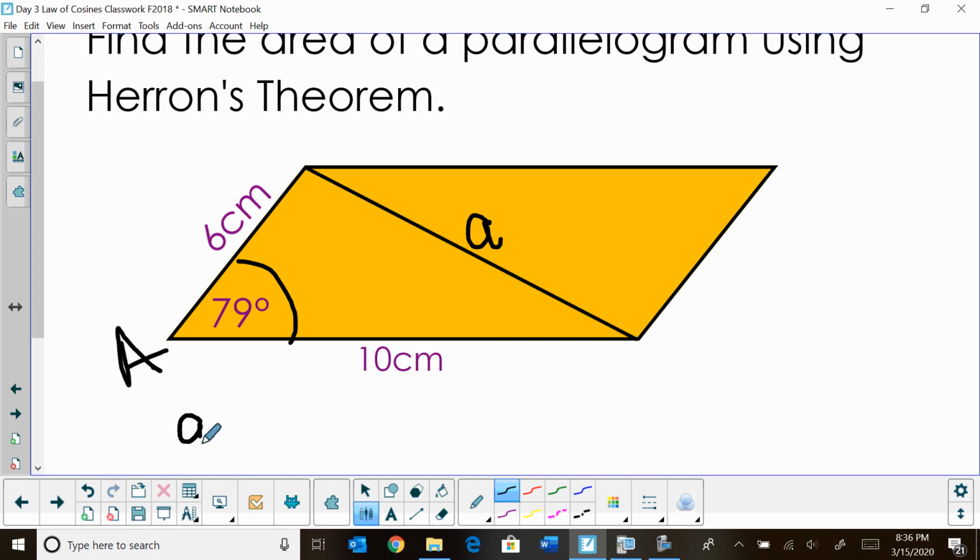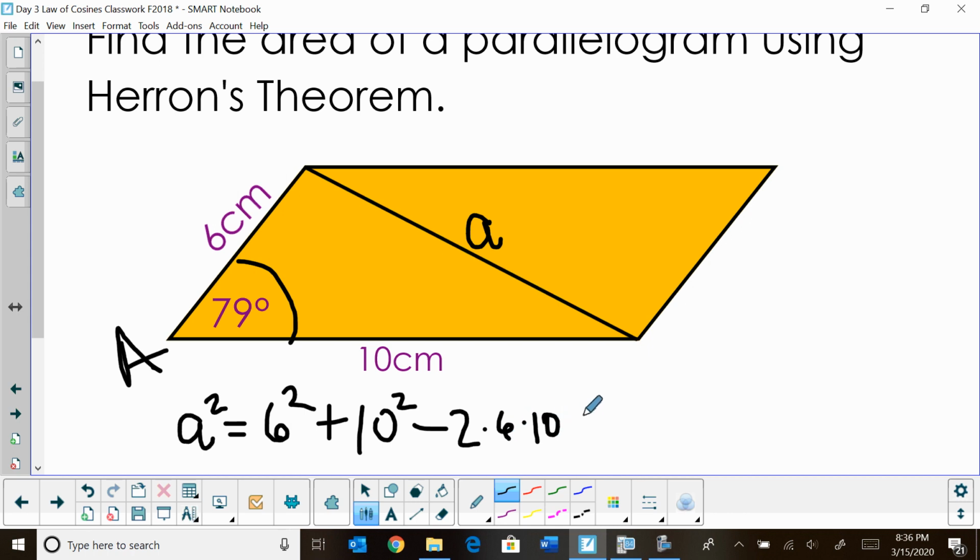So to find A using law of cosine, I'm going to take A squared is equal to B squared, which in this case could be 6, plus C squared, which is 10, minus 2 times 6 times 10, all times the cosine of 79.